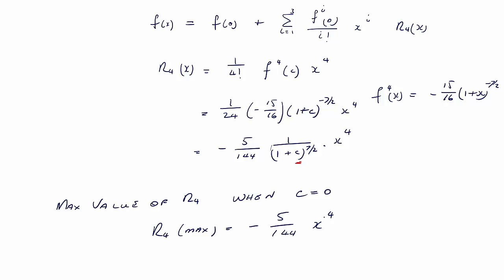Actually, what we're interested in is the error. So that's the maximum remainder. We could also think about that as the maximum error of our approximation. If we think about errors, we're not really concerned about the sign, so we take the absolute value and get rid of that minus sign.